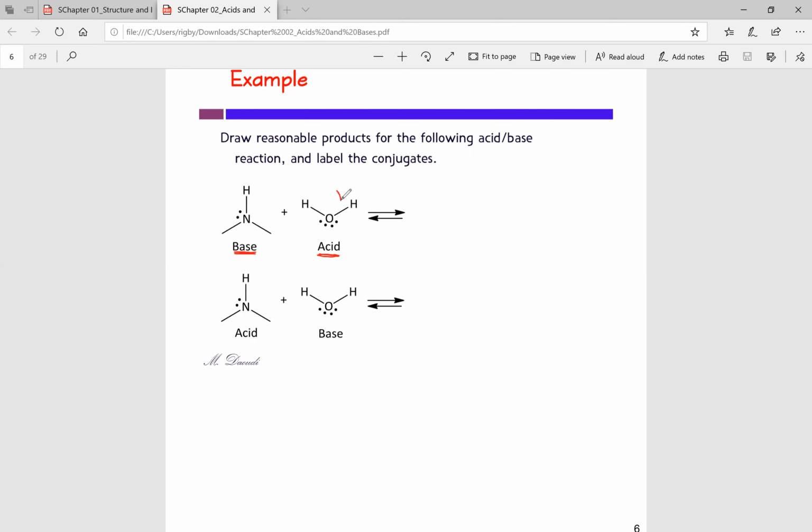So in this case, this bond is going to break, and the base is going to gain a proton. In this case, the nitrogen is going to gain that hydrogen bond, and we end up with the final product of OH with the oxygen having a new lone pair, which I've drawn in red, which is from that former proton bond, and it's going to be overall negatively charged.